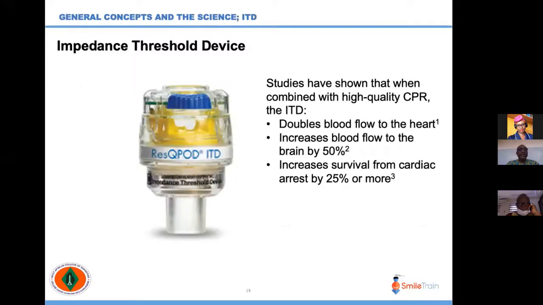Another device is the impedance threshold device. This is a device that stops extra air from going in during chest compressions or resuscitation efforts.